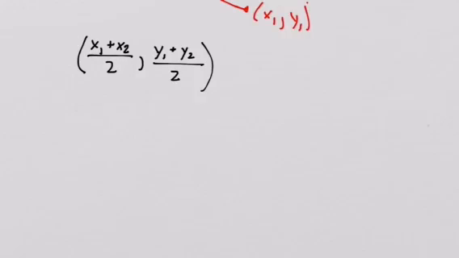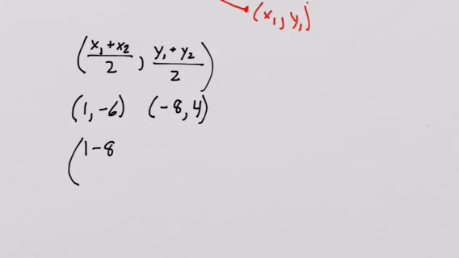If I take the point (1, -6) and the point (-8, 4), and I want to find the midpoint of those two, I'm just going to do 1 plus -8, or 1 minus 8, over 2 for my x-coordinate.